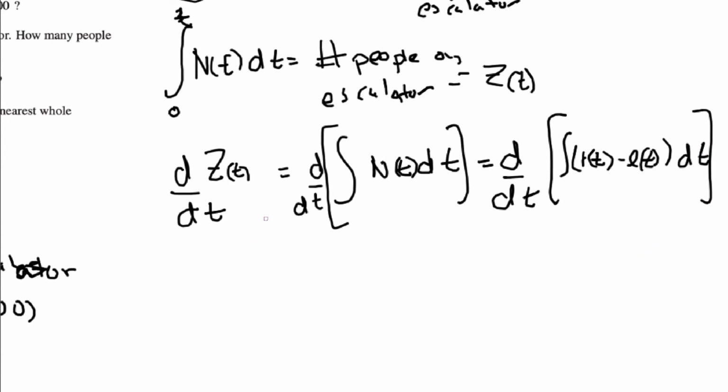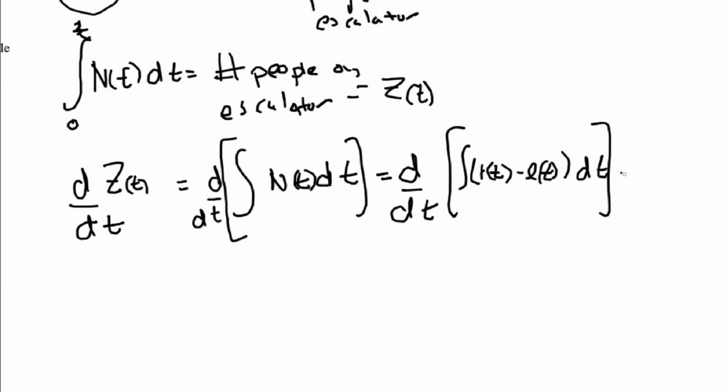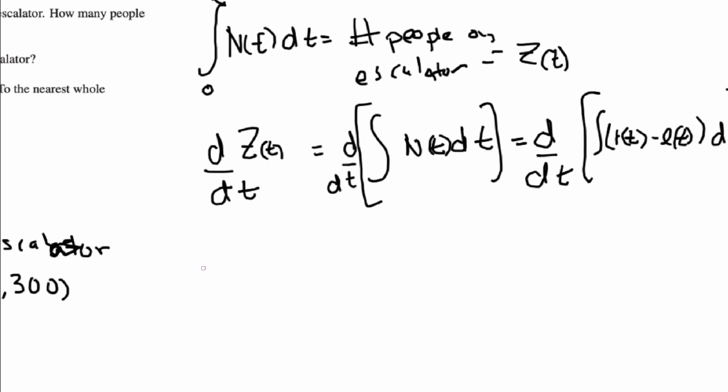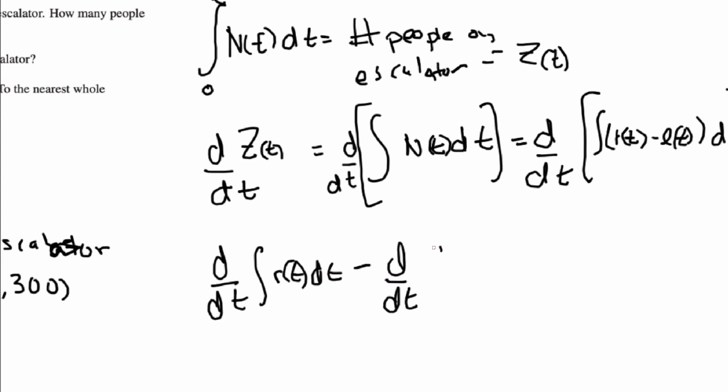And then we want to know when this function is equal to 0. Really what that's saying, not to be pedantic, but just for clarity, is we're taking d over dt of the integral of R of t dt, minus d over dt of the integral of L of t dt, to equal 0.